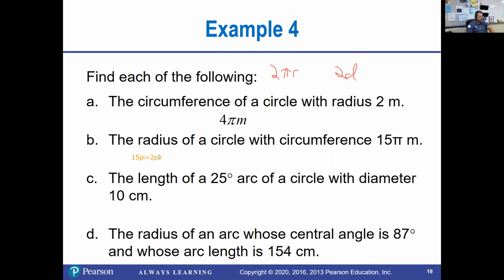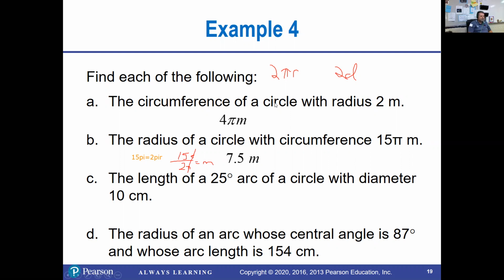So divide by that, so you would take 15 pi divided by 2 pi. The pi's will cancel, and this should be how many meters that radius is, which is 7.5, which is 15 over 2.